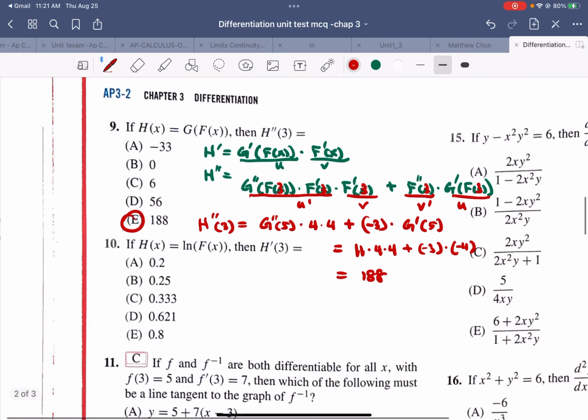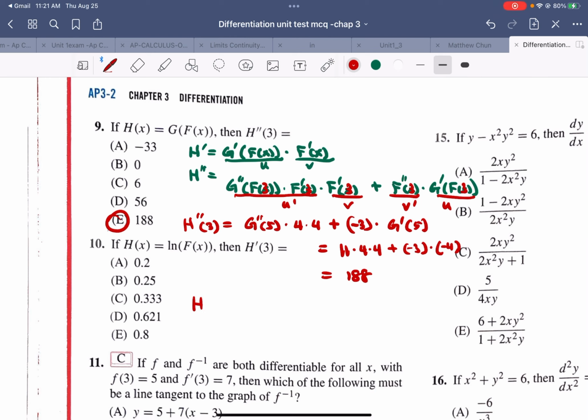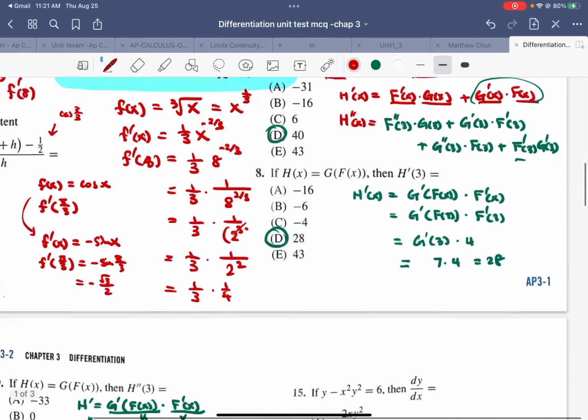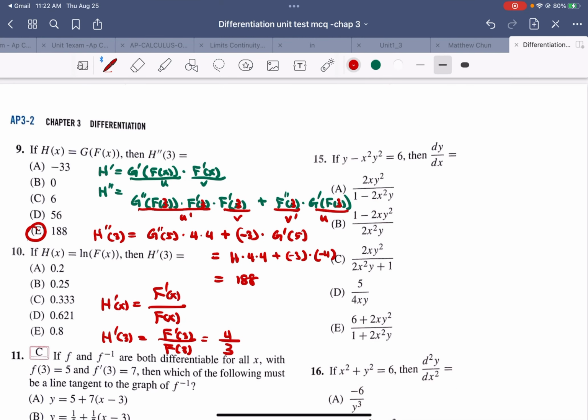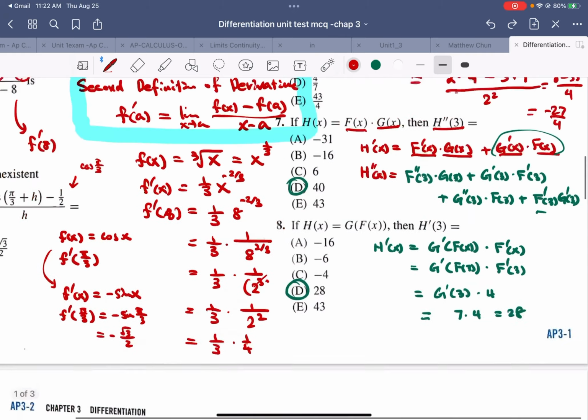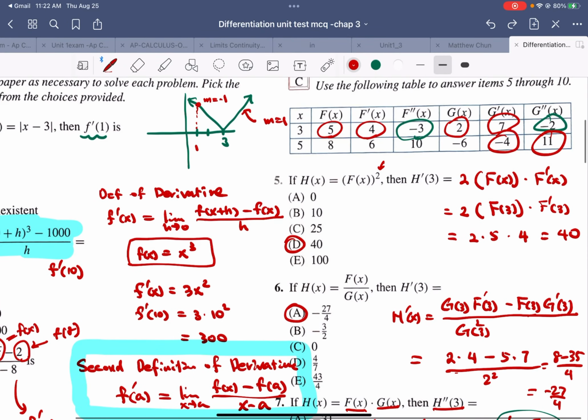Now this one, logarithmic differentiation, number 10. So when you take a derivative of the log of f of x, you get f prime of x over f of x. That's how you take a logarithm derivative. Remember that. Now when you plug in 3, h prime of 3 is f prime of 3 over f of 3. So f prime of 3 is 4, over f of 3, which is 5.